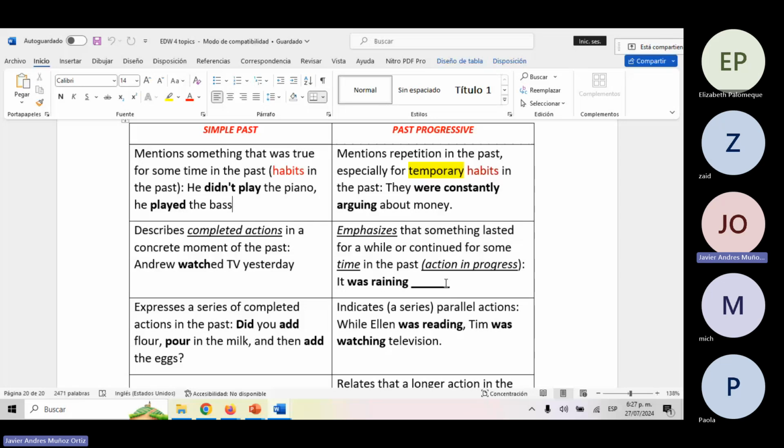The focus in simple past tense is on the activity, on the action. So this is the second difference, because both tenses mention actions that started and finished in the past. But past simple focuses on the activity. Past progressive focuses on the duration of this activity. This is the second difference.